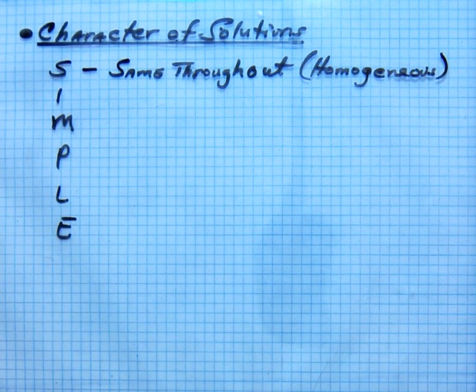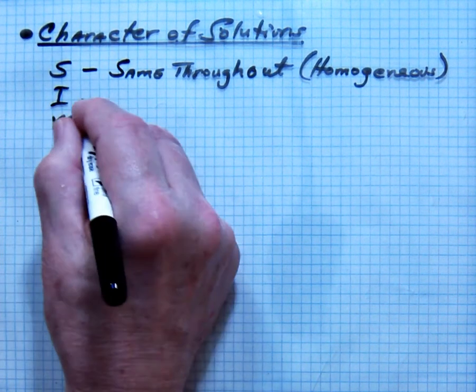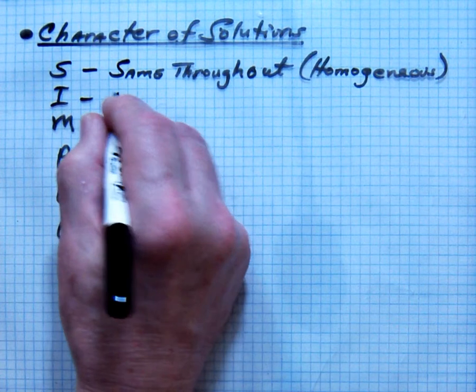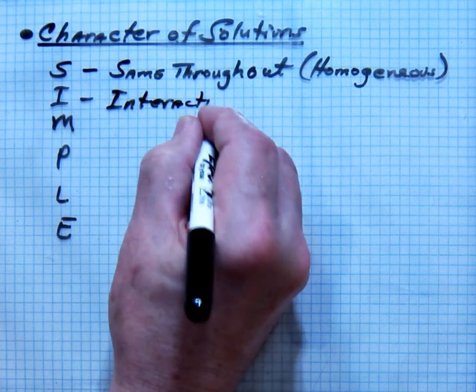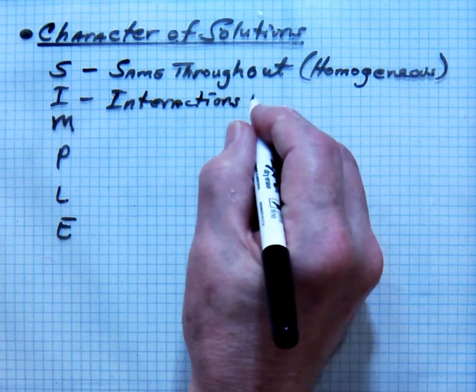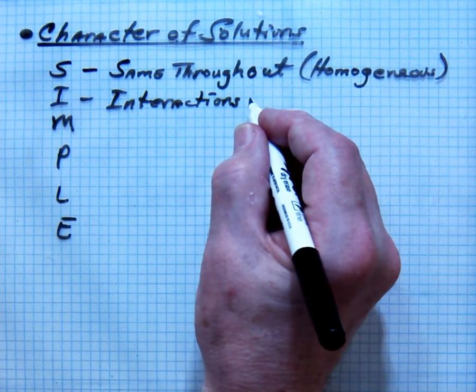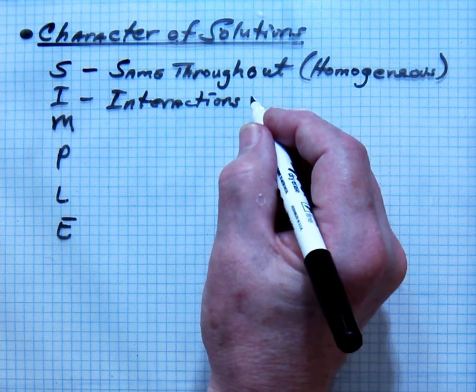Okay, that's pretty straightforward. Their interactions occur on the molecular level. That is, the solute-solvent interaction occurs on a molecular level. We'll talk about this in a few minutes in terms of electrostatic interactions and like dissolves like.